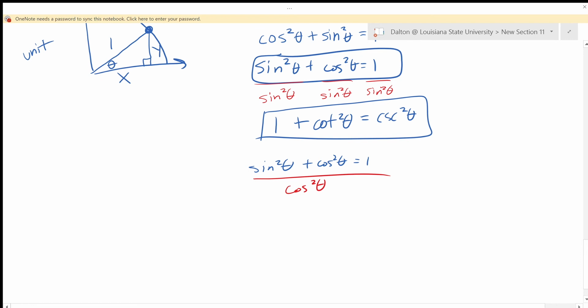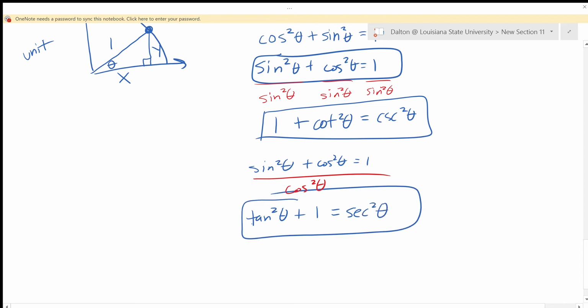Tangent squared theta. Plus cosine squared over cosine squared is 1. And then what is 1 over cosine squared? Secant squared theta. So this is your third Pythagorean identity.